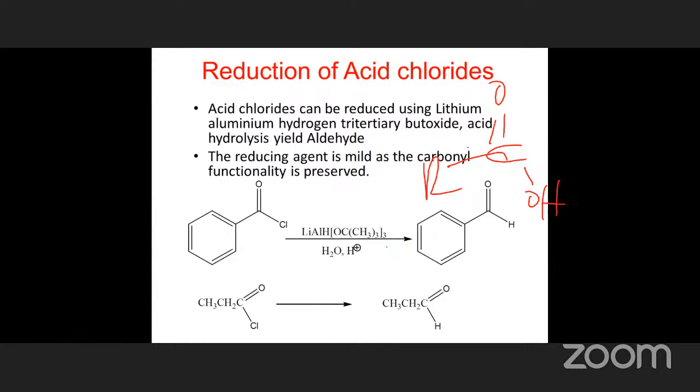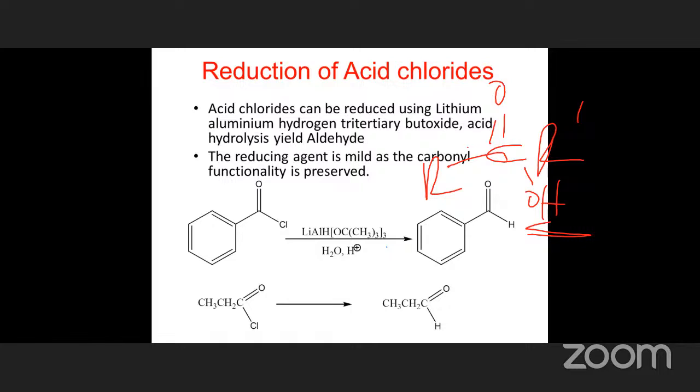Just like what we are learning now, instead of the R prime here being hydrogen or other aliphatic or aromatic substituents, if the R prime becomes OH, it's a carboxylic acid. You will learn that in the next class.